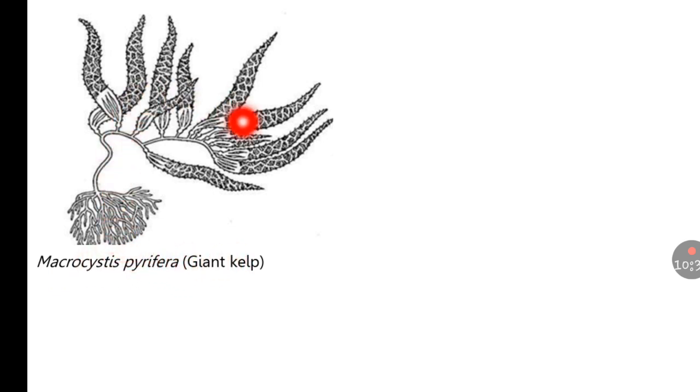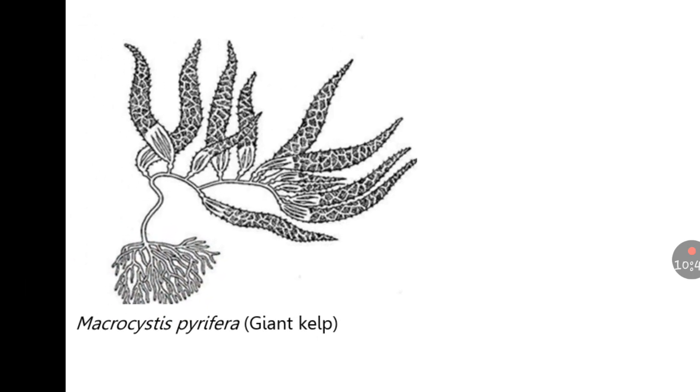You can see here this leaf-like branching, and it is called lamina or frond or blade, and this is stipe and this is holdfast, isn't it? So this is an example of foliaceous type of thallus.